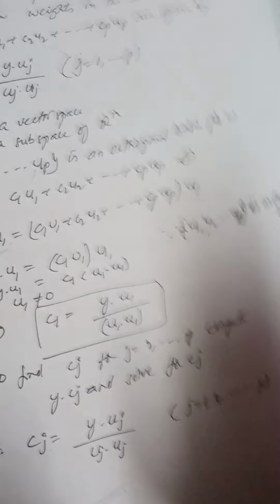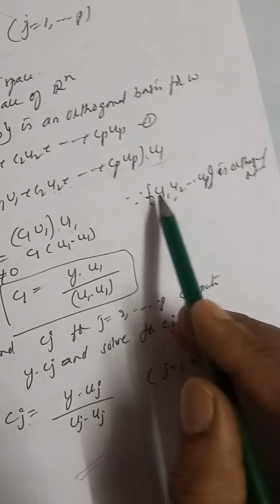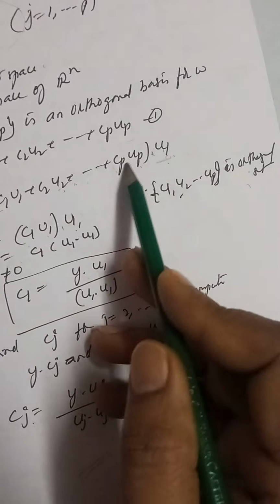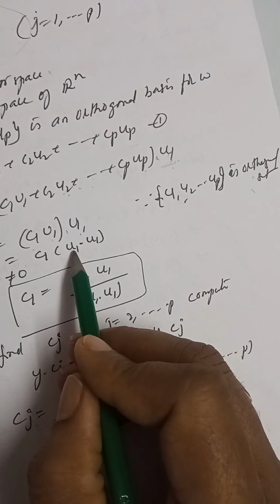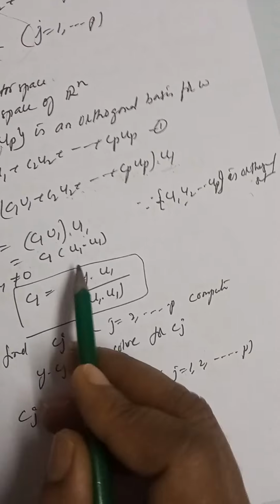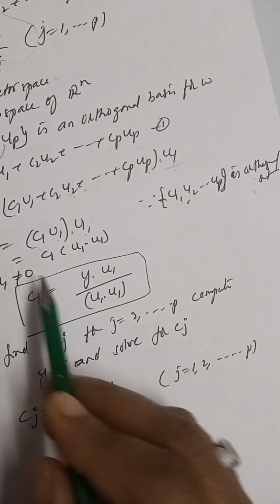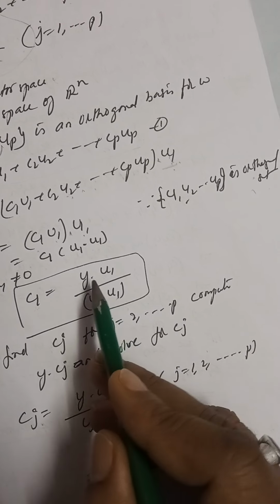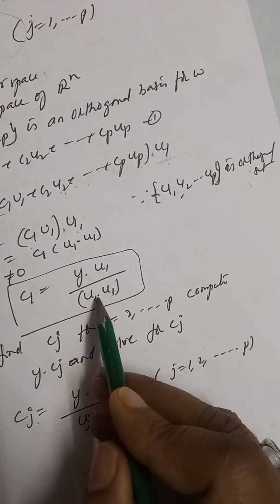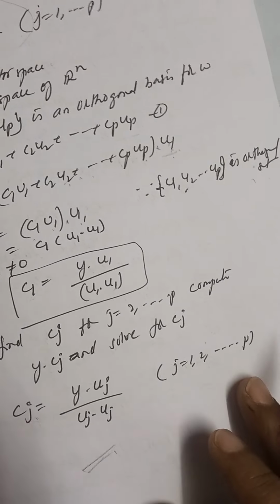Since it is orthogonal, the rest of the terms become 0, leaving c1 u1 dot u1. Now since u1 is not equal to 0, what is the c1 value? Transposing to the right hand side, y dot u1 by u1 dot u1.